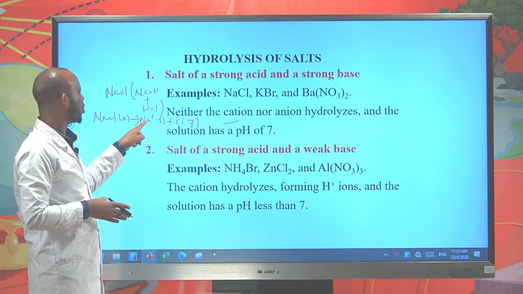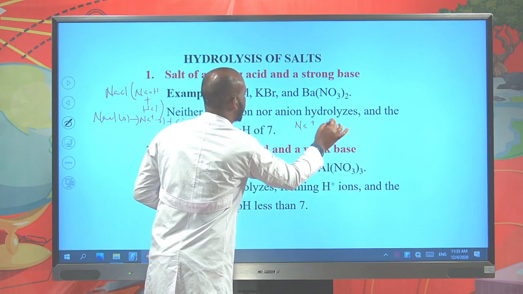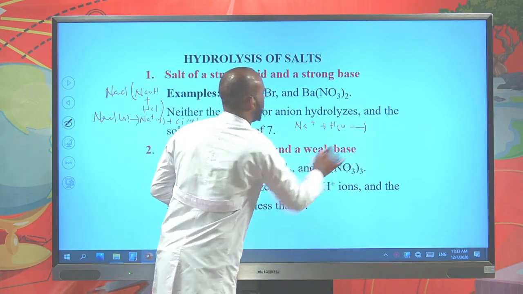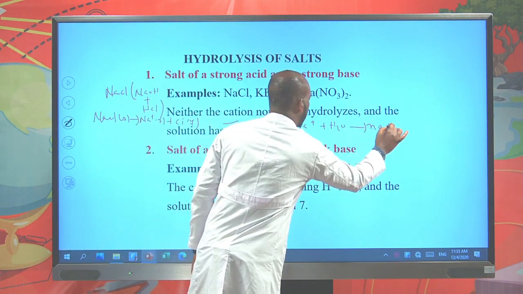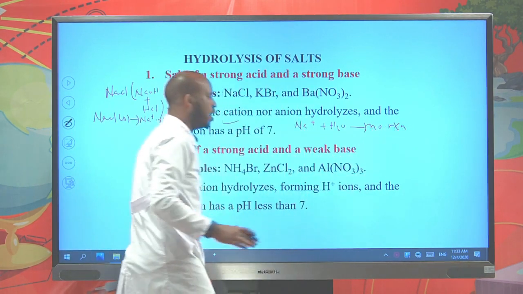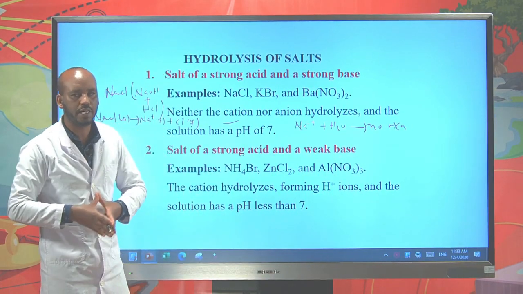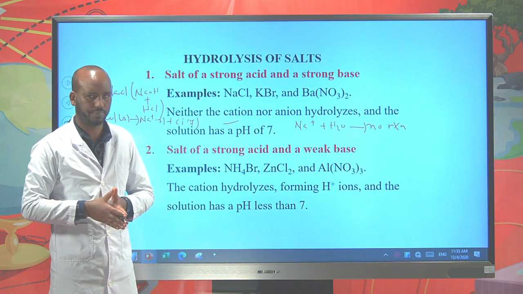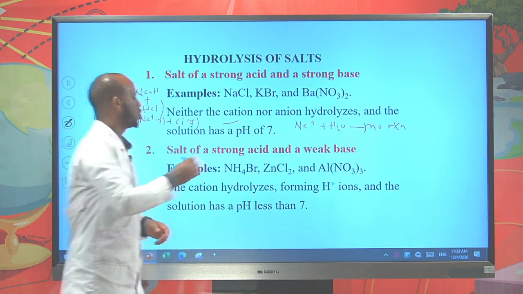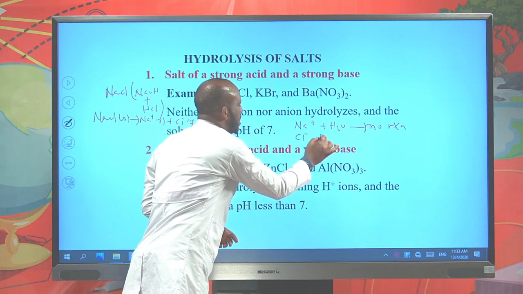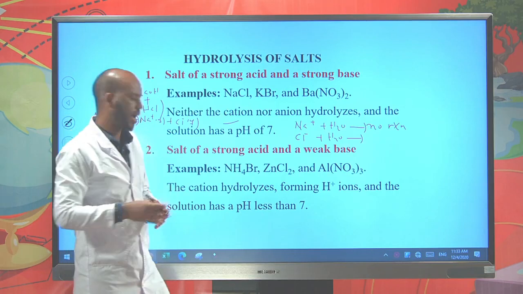Now Na+ plus water: no appreciable reaction, because cations of alkali metals and alkaline earth metals do not react with water. Cl- plus water: again, there is no reaction.